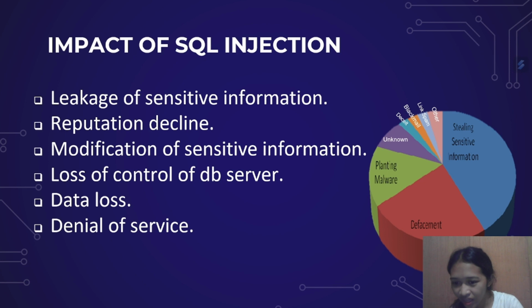Fifth, we have the data loss. A SQL injection attack can cause data loss by corrupting or deleting data in the database. This can result in a loss of important business information or customers' data, since data is very important, right?